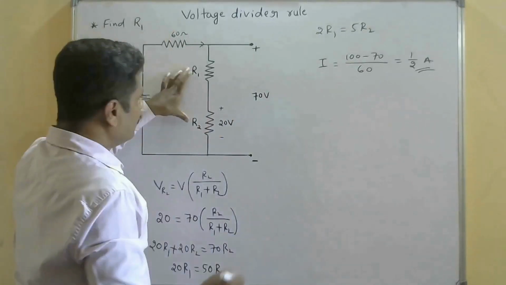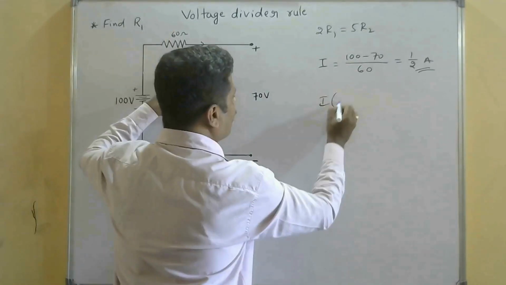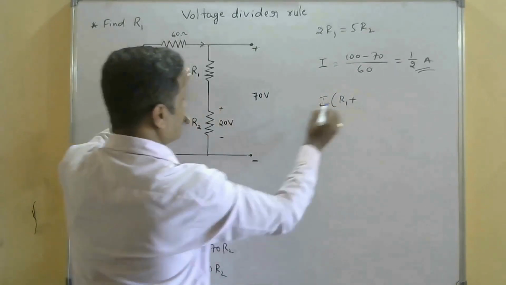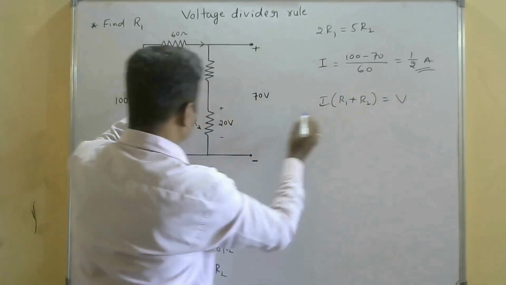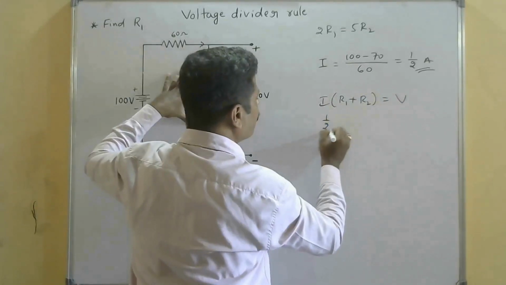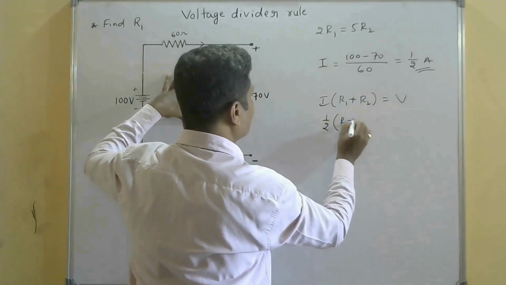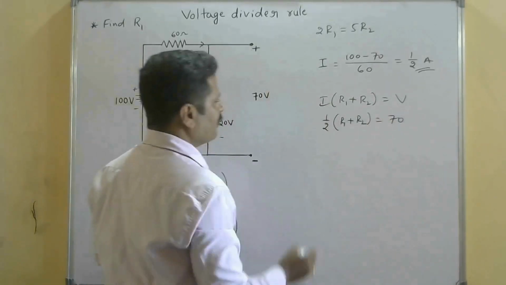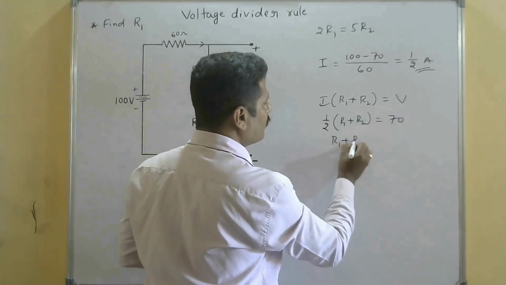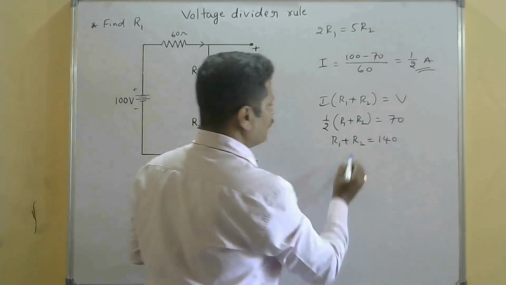And we know that I times R1 plus R2 for this combination, IR is equal to V, and here I is 1 by 2 as we got, and the voltage applied is 70, so we now get R1 plus R2 is equal to 140.